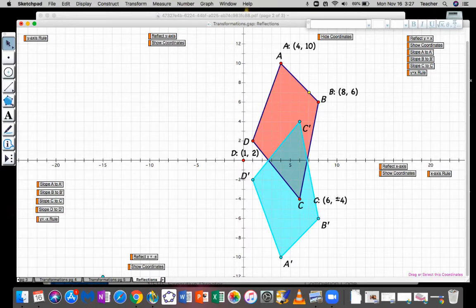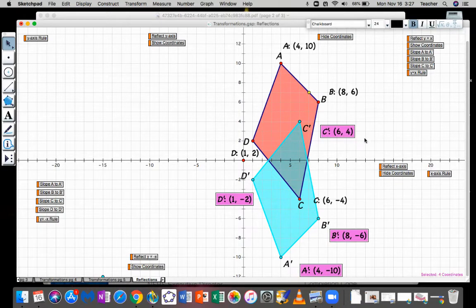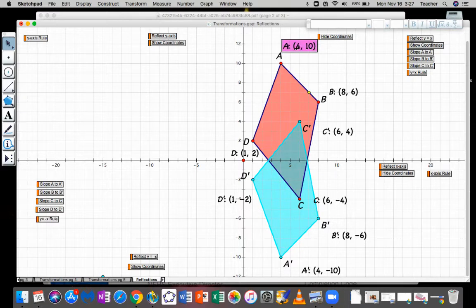So what you found out when you did this, if I do the coordinates of my new, reflected image, these are my coordinates. If I take A, (4, 10), that is the pre-image coordinate.